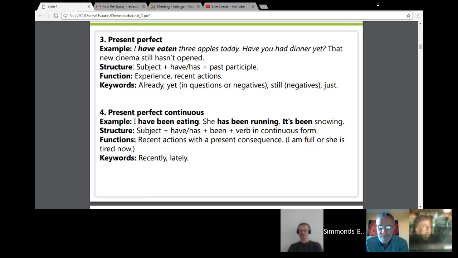Well, it'll be 6 in September, so 5.5-ish, more or less. I have lived because the action of me living here started in 2011, and I'm currently still here. So that's the other use of the present perfect. Does that make sense? Yeah, absolutely. Okay. Ken?